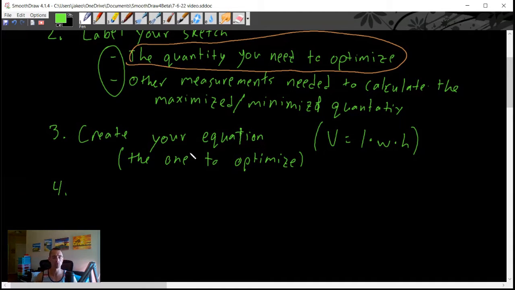If you created an equation that has multiple variables in it, like volume equals length times width times height, you're going to have to come up with other equations, which I like to call restriction equations. What that does is give a restriction on the relationship between these other quantities. So create a restriction equation, or a few restriction equations, possibly, depending on how many variables you have.